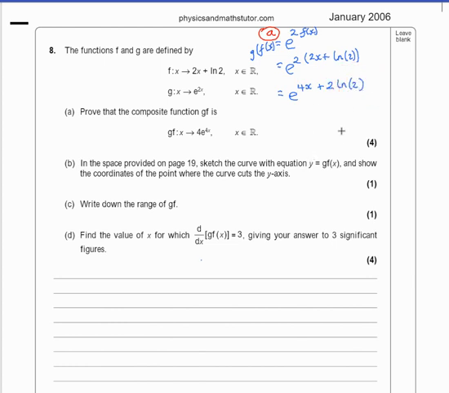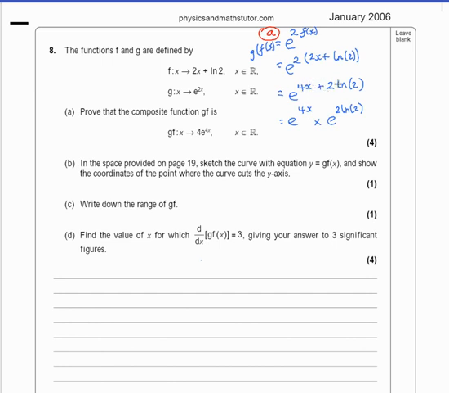Okay, there's a lot more manipulation that needs to be done. We can say this is e to the power of 4x multiplied by e to the power of 2 ln 2. This is just using rules of indices, right? You're multiplying these things, that results in the addition of the indices.